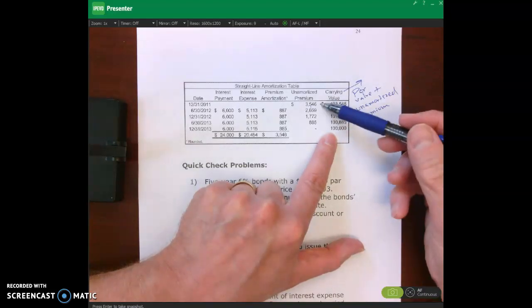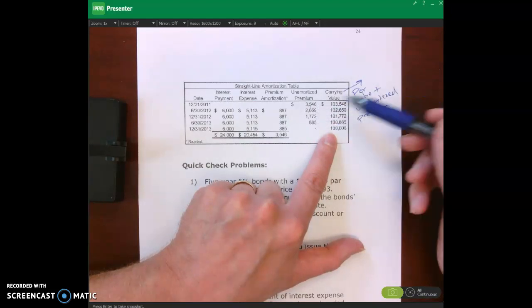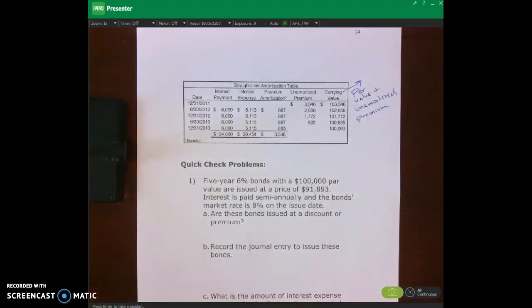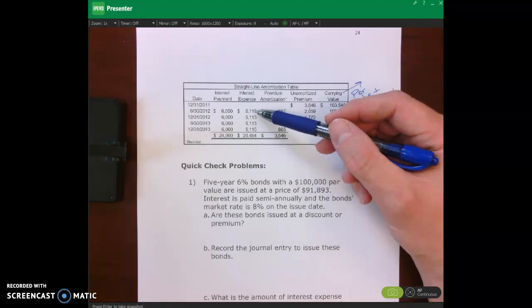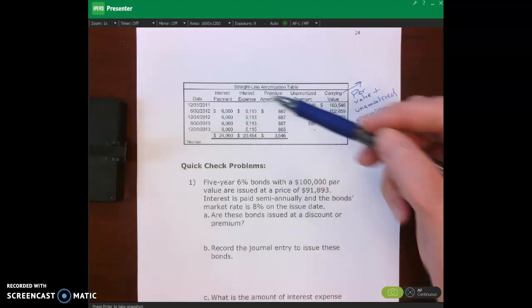Okay, so look at what's happening again. The unamortized premium is decreasing by $887, which is how much I amortize it by. Okay, and then look at my bond interest expense. It's lower than the amount that I actually have to pay my bondholders.